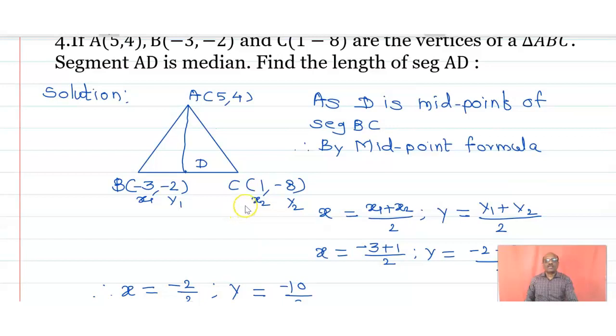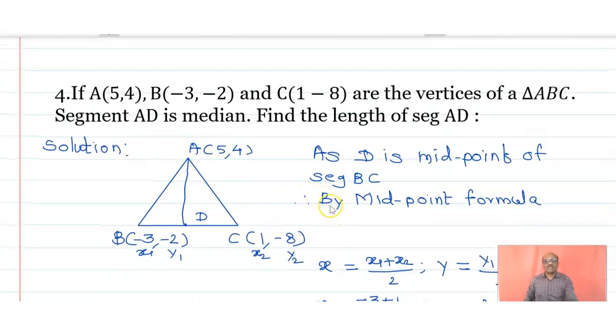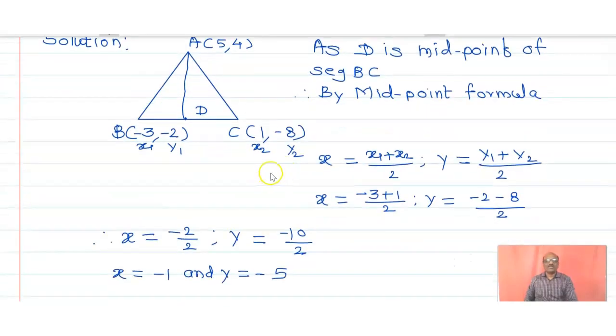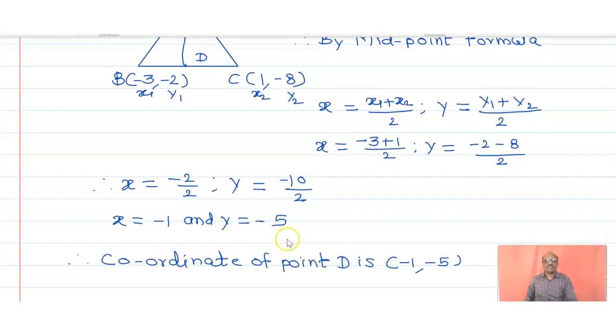Okay. Now once again we will check here. The coordinate of B is (-3, -2) and C is (1, -8). Therefore minus 3 plus 1 is minus 2, and minus 2 upon 2, therefore it is minus 1. Next y1 plus y2, minus 2 minus 8, minus 10, and you will get minus 1 and minus 5.